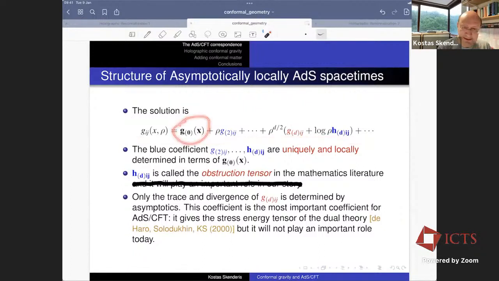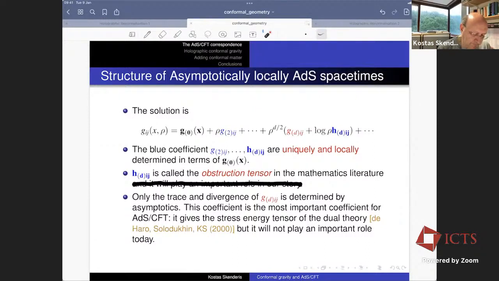This g naught is the input, the boundary metric we start from, the representative of the conformal structure. And then there are a number of subleading terms, and the blue pieces are uniquely determined from g naught in terms of a local formula. We will see this in a few minutes when I go back to the whiteboard with a specific example.